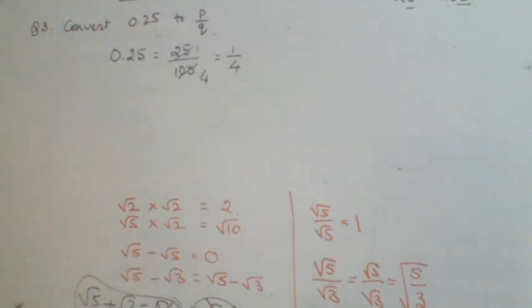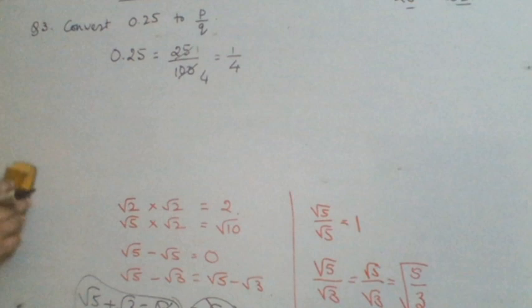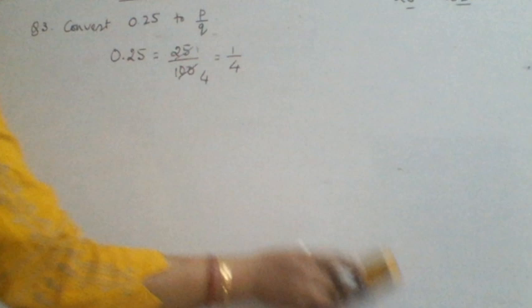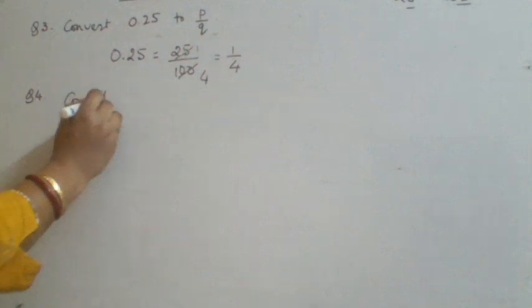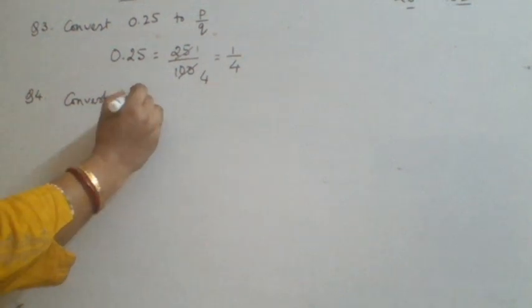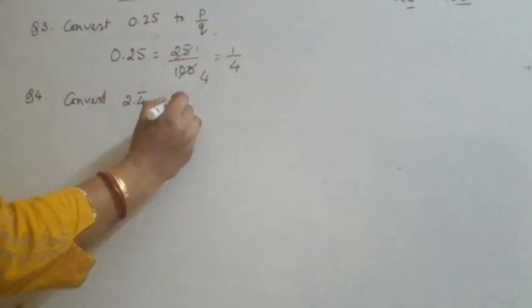Now we will convert some non-terminating but repeating decimal into the p by q form. Convert, say, 2.4 bar into p by q form.